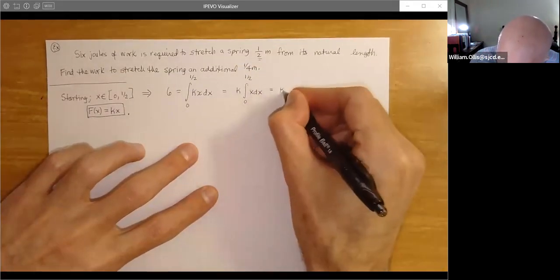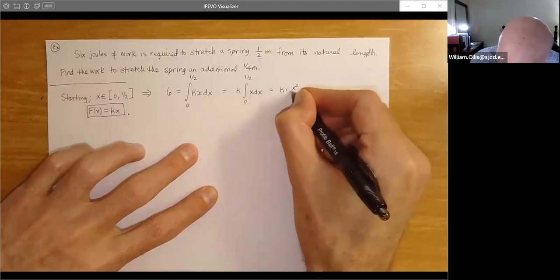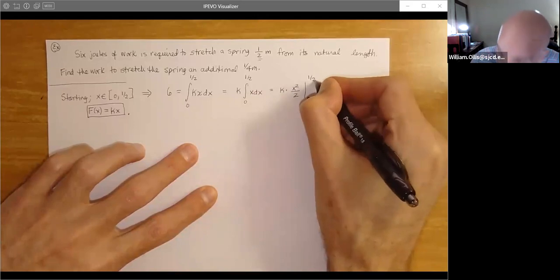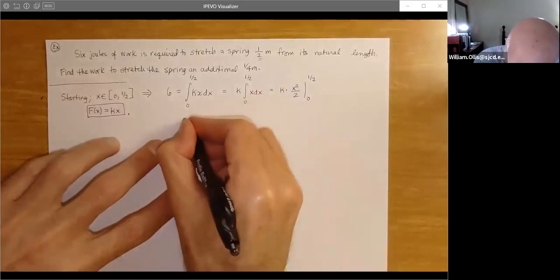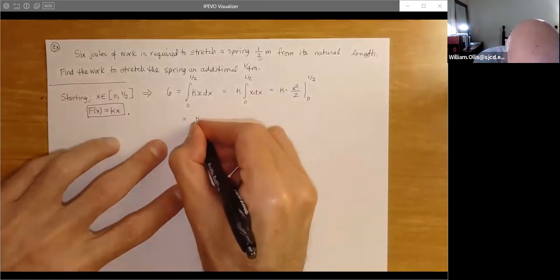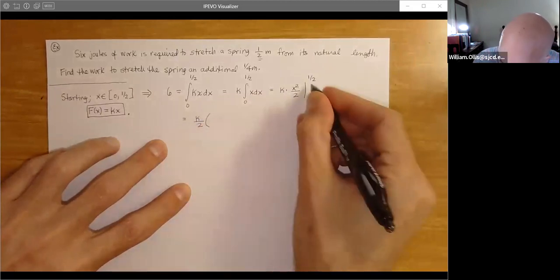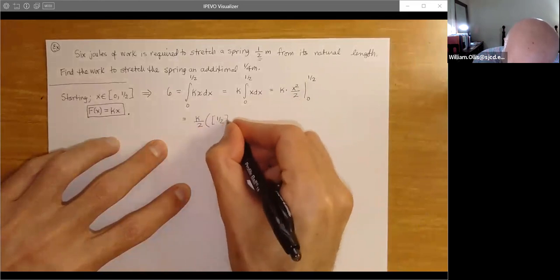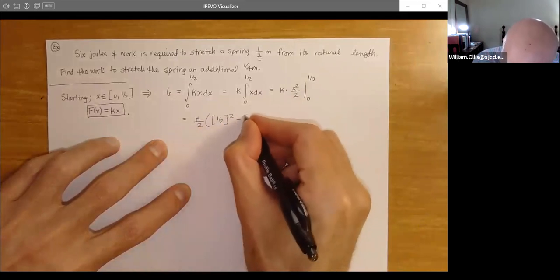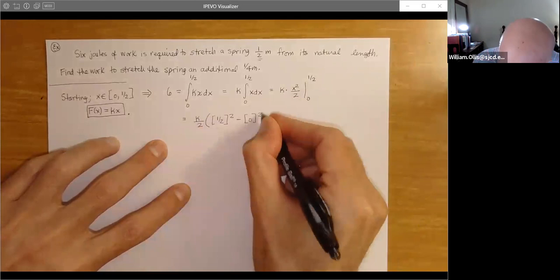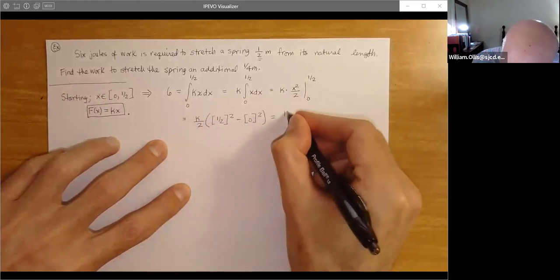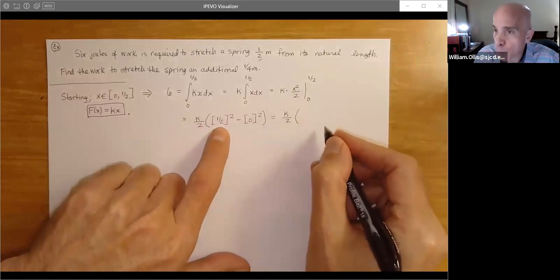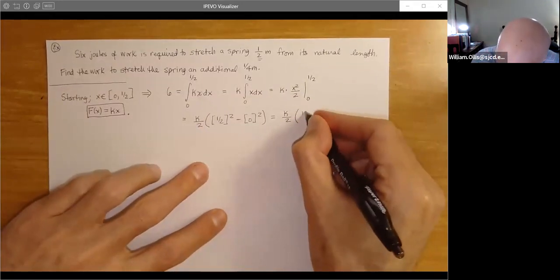So we have K times x squared over 2, 0 to 1/2. So this gives us K over 2, and then we can substitute. So we have 1/2 squared minus 0 squared. So we have K over 2, and then of course this will give us a 1/4 minus 0.